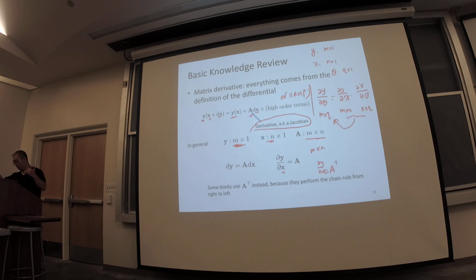It's just that you do the chain rule from right hand side to left hand side. I'll leave it as an exercise for you. Then they will do things like this: they will first do the partial derivative of x over theta, and then the partial derivative of y over x. So you see how they apply it.